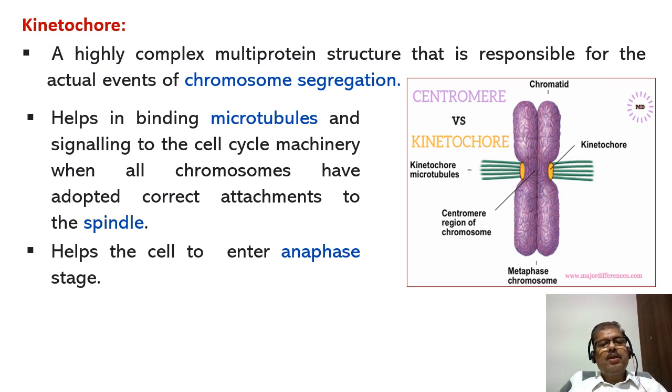Kinetochore is a highly complex multi-protein structure that is responsible for the actual events of chromosome segregation. It helps in binding microtubules and signaling to the cell machinery when all the chromosomes have adopted correct attachments to the spindle, so that it is safe for the cell division to proceed and enter the next phase, that is the anaphase stage.